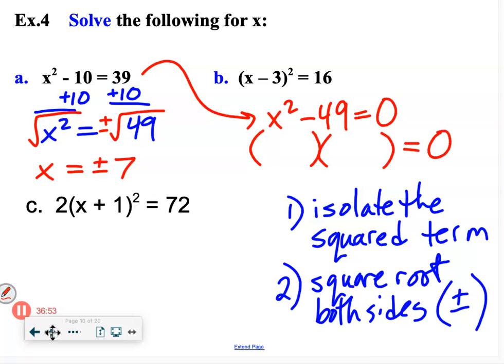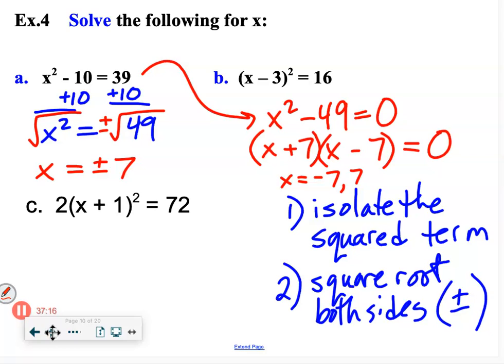So when you factor, this is called a difference of squares, two terms with a minus in the middle. x, 7, 7, plus minus. So when we solve, you set this factor equal to 0, you set this factor equal to 0, and you get x equals -7 or +7.